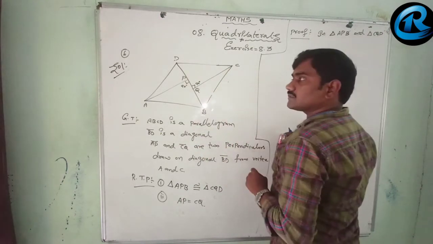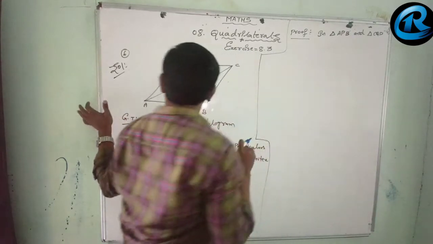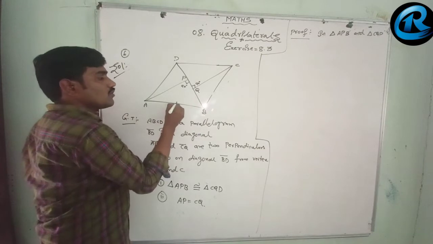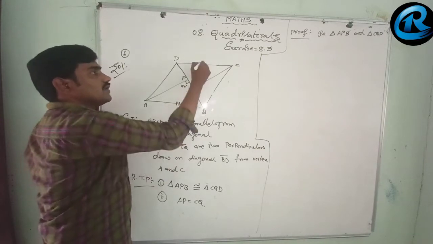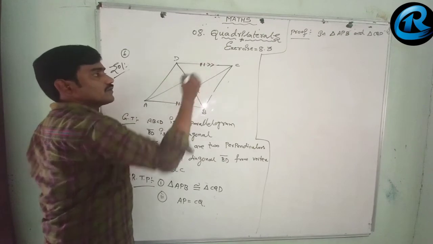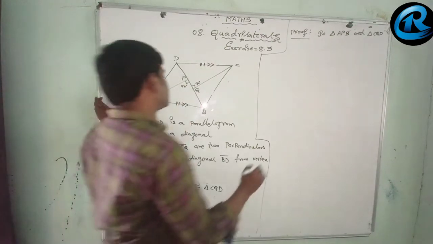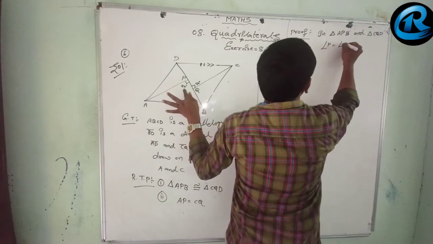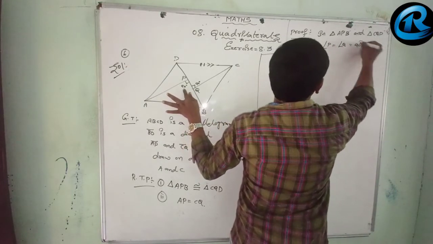In these two triangles, what can you observe? Here ABCD is already a parallelogram, so opposite sides will be equal and parallel also. Then angle P is equal to angle Q, which equals 90 degrees.